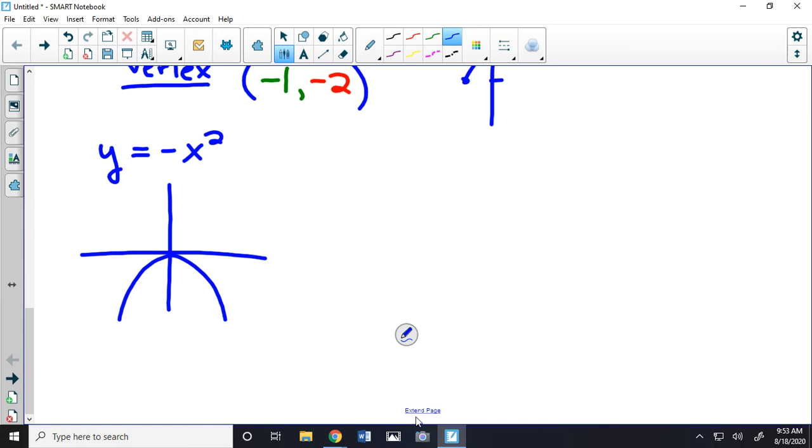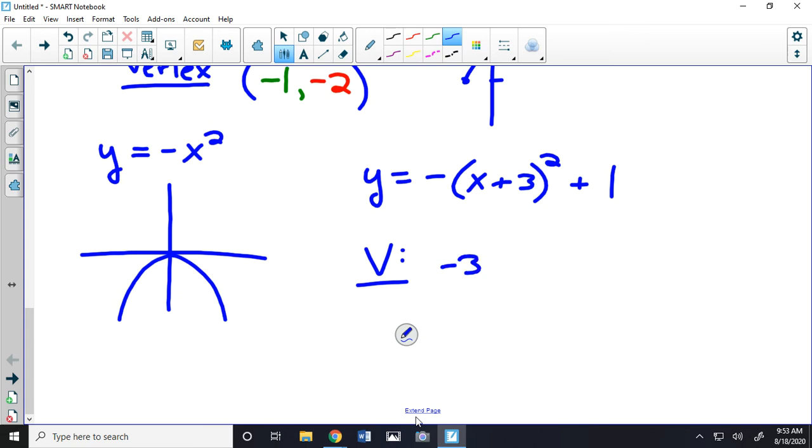So if we want to look at one that has everything in it, let's go with negative x plus 3 squared plus 1. So my vertex is going to be at x equals -3, y equals 1.